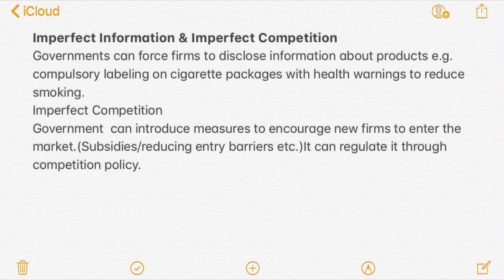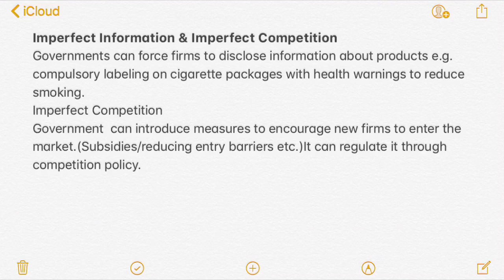So the information at the back of the product needs to be relevant information. That's what imperfect information means. So if the good has imperfect information, then the consumer will want their refund on the good.